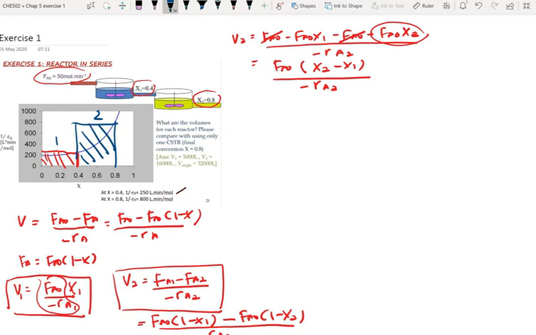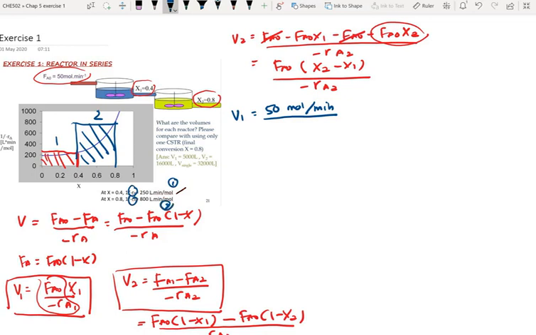Basically you may solve V1 equal to FA0 divided by negative RA1. FA0 is given here, it is 50 mole per minute, times 1 over negative RA1, which is at x equal to 0.4. This is RA for 1, and this is RA for 2.